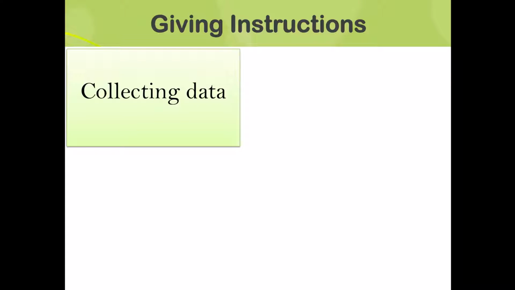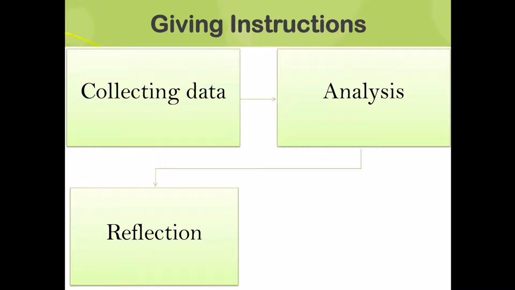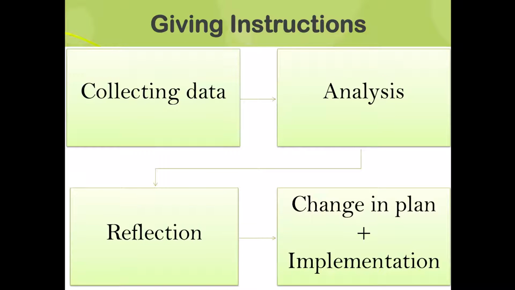Now, again, in order to analyze this example, it would be a good idea to remind you of the observation cycle. In the first step, you collect data. The second step, you analyze the data, then you reflect on the results, and then you change your plan and implement your plan.